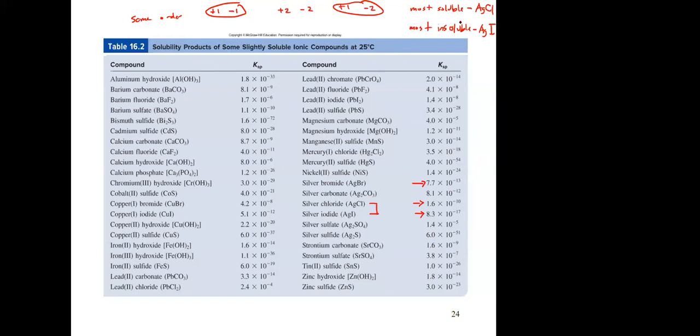So if you're going to look at this, silver chloride is the most soluble because that has the lowest KSP. And the most insoluble is iodide because that's the one that has the highest KSP. But you cannot compare this value with this one. Why can't silver carbonate be included in the selection?